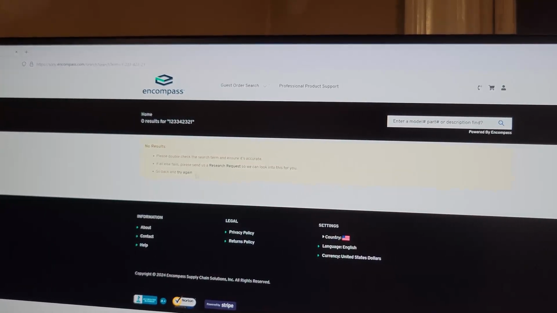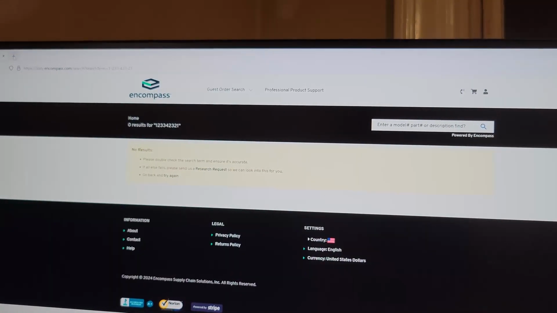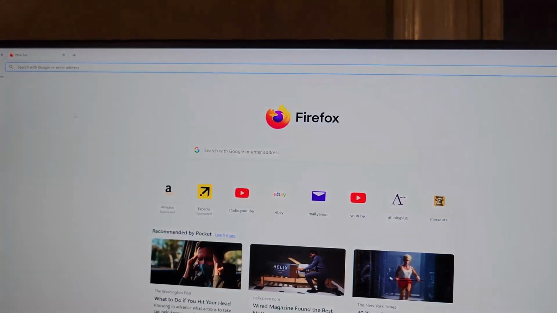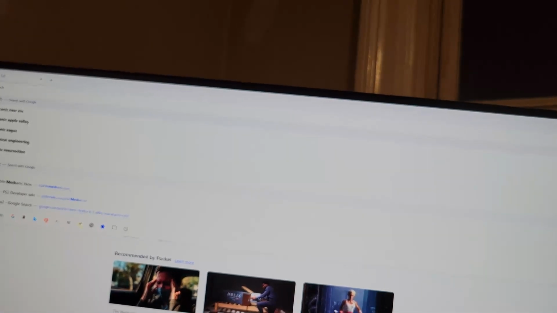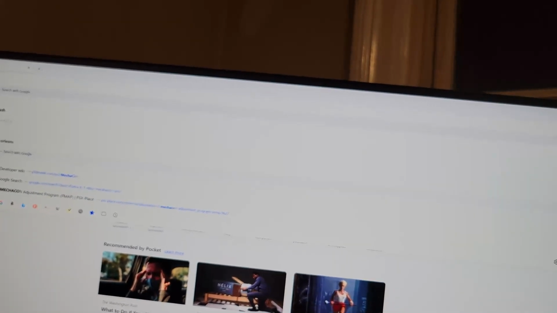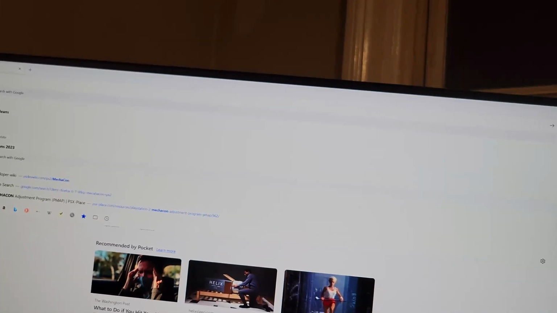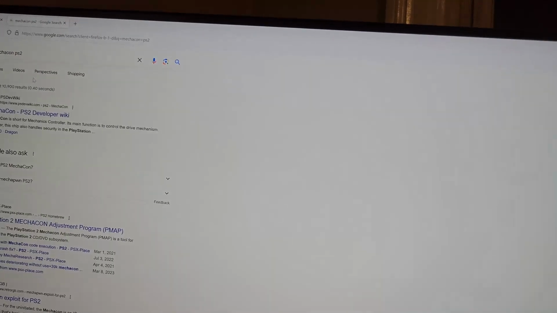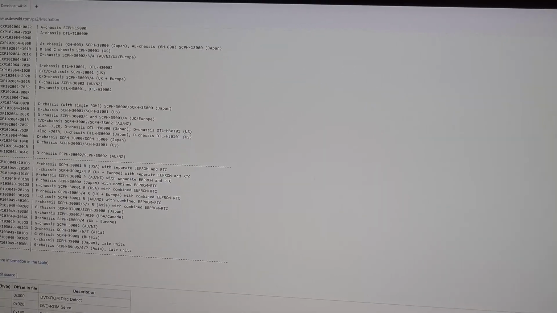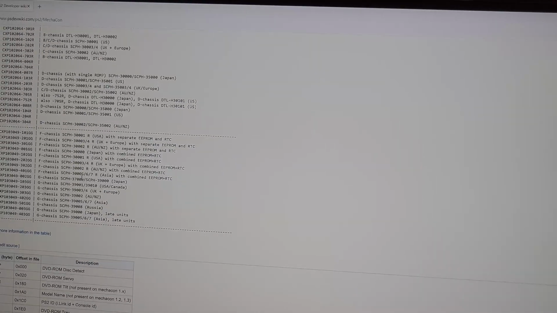Sony got their heads out of their butts on the Mechacons. According to their wiki page, they got their heads out of their butts around the G chassis.